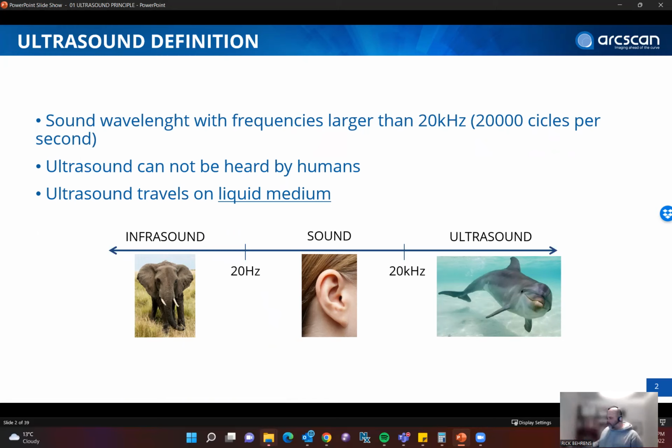Any sound larger than 20 kilohertz is considered ultrasound. Dolphins use ultrasound. Submarines use sonars with ultrasound. In a nutshell, any ultrasound has to be transmitted through a liquid or fluid medium.